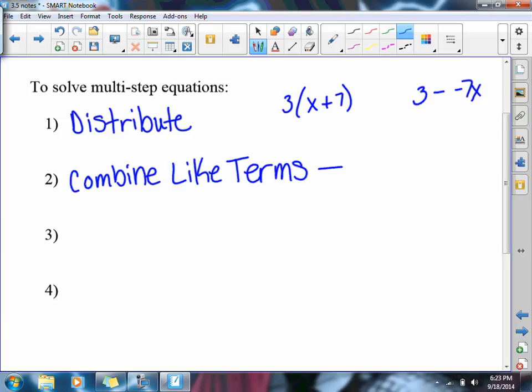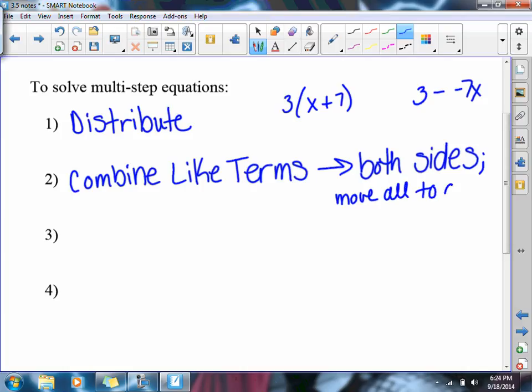Remember, we're going to do this on both sides of the equation. We're going to combine any like terms on the right side of the equation and then on the left side. Then we have to move all of the variables and all of the numbers to one side.